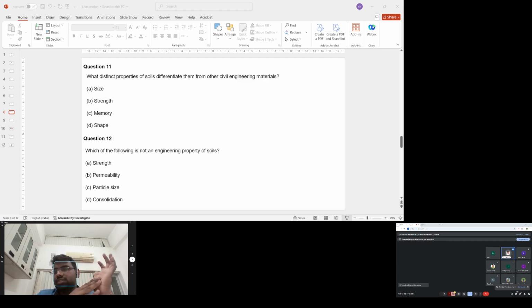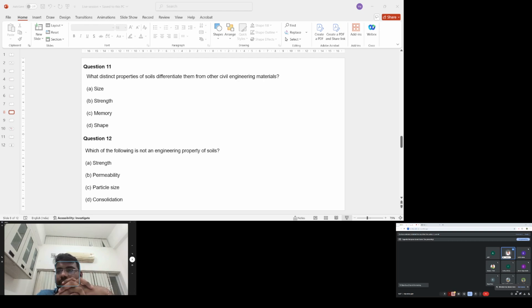Option A size, option B strength, option C memory, and option D shape. Here you need to understand the question. There are some properties common to all civil engineering materials, but soils have one peculiar phenomenon which differentiates them from other materials. That is the crux of the question.